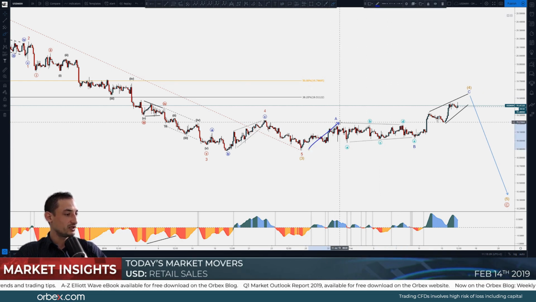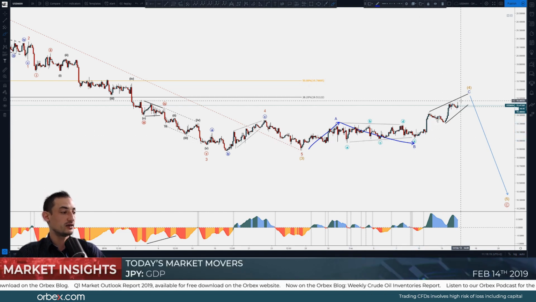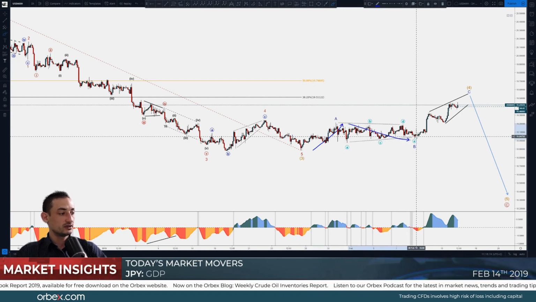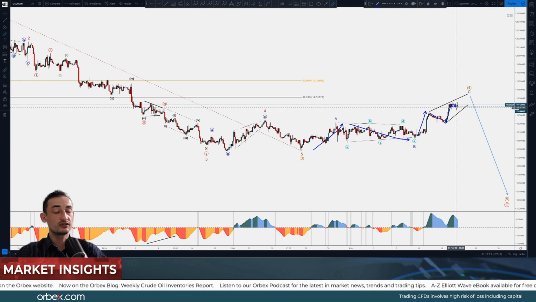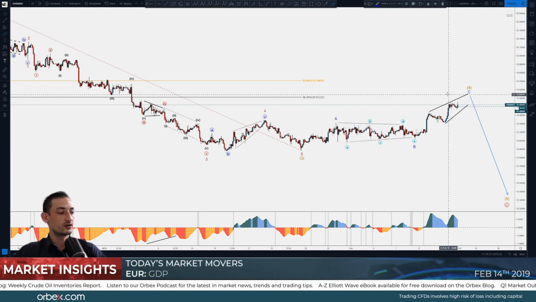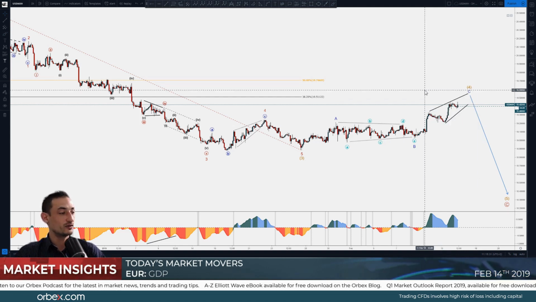And the next exotic would be the US dollar Mexican peso, in which I'm labeling it as an AB with a contracting triangle in the B leg and an ending diagonal in the C leg. Now, this setup looks kind of good because it's squeezing on the upside, and ending diagonals are like unicorns sometimes. When they appear, it's like the unicorn at the end of the rainbow, right?